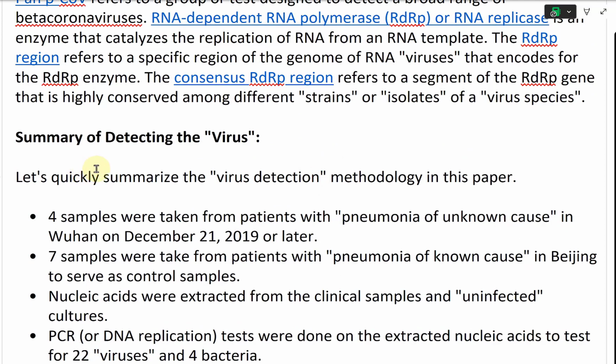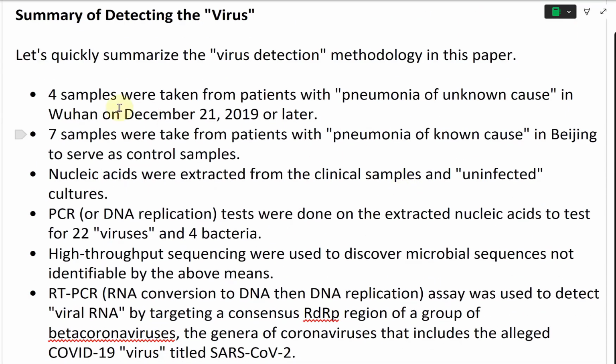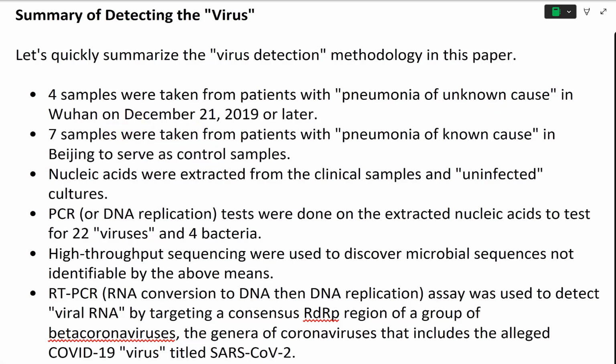So now let's take a look at a summary of detecting the virus. So let's quickly summarize the virus detection methodology in this paper. So 4 samples were taken from patients with pneumonia of unknown cause in Wuhan on December 21, 2019 or later. And 7 samples were taken from patients with pneumonia of known cause in Beijing to serve as control samples.